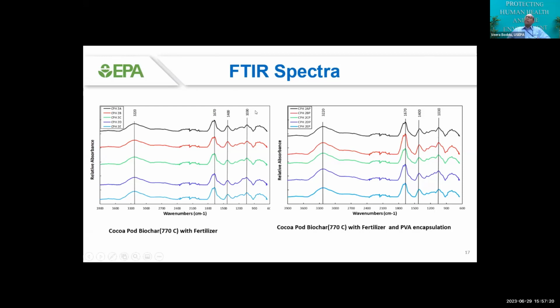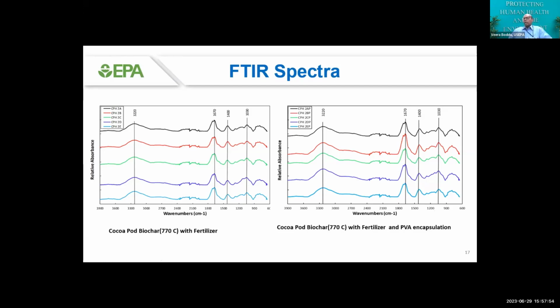Anyway, what I would like to bring out of this is that you can see very little difference between the biochar with fertilizer and encapsulated. I have other spectra also, which I am omitting for brevity. What I want to mention is that with the fertilizer and the biochar, and fertilizer, biochar, and PVA encapsulation, the functional groups are not changed, and the FTIR spectra look alike.